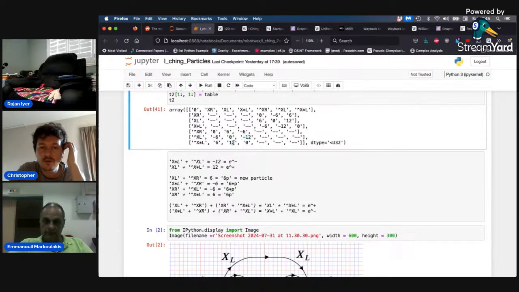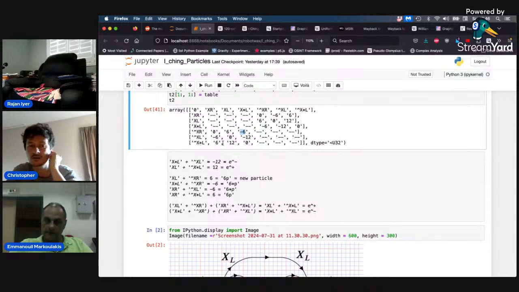Since 12 was the charge of the electron, we're suggesting that when these two combine, they create the positron, and when these two combine, they create the electron, and otherwise they create this particle which is half the value of the electron, 6 or -6. We call this particle 6p.